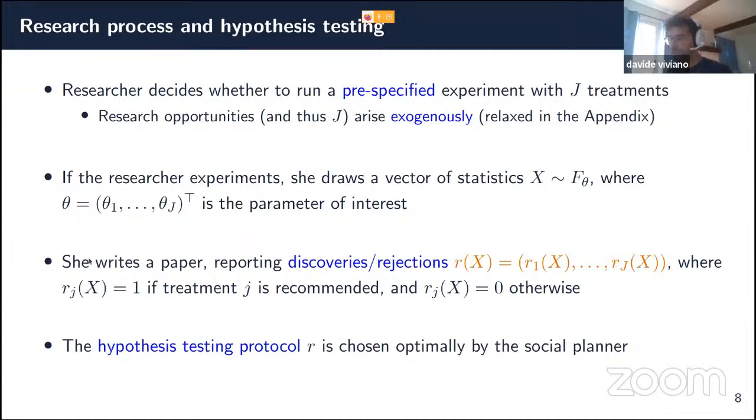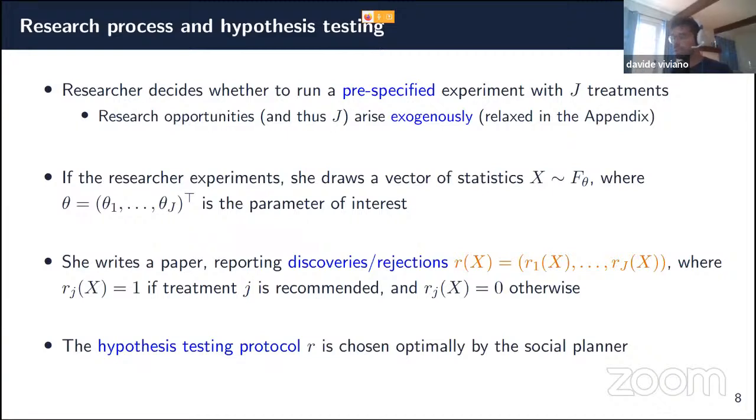The experimenter then writes a paper and reports some discoveries or rejections. We're going to denote this discovery with a function R, which is a function of the sample that we just drew. Again, this function R has capital J entries running from 1 to capital J, and each entry denotes whether we reject the null hypothesis that policy small j should be recommended or not.